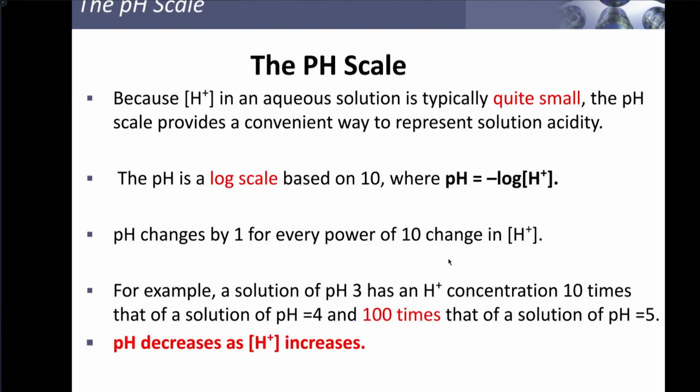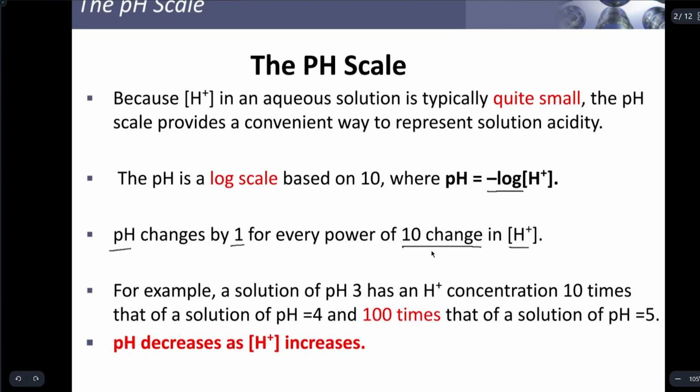It is a logarithmic scale on base 10, where the pH value is equal to the negative log of the concentration of H plus. This scale is logarithmic, meaning that for every 1 in the pH value, we multiply by 10 in the H plus concentration.